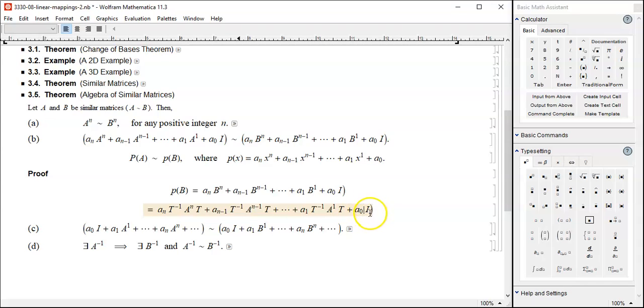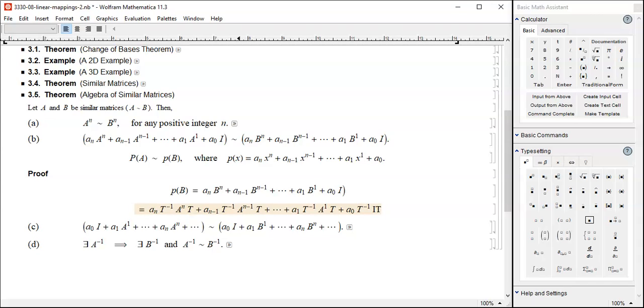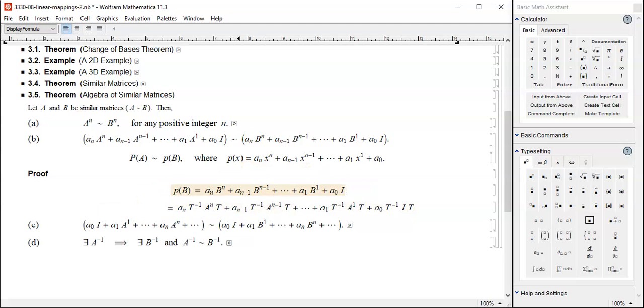And then as far as this I is concerned, you can write like this, because the identity matrix is commutative with everything. You see, B to the nth power is this, the n minus first power is that, and so on and so forth.